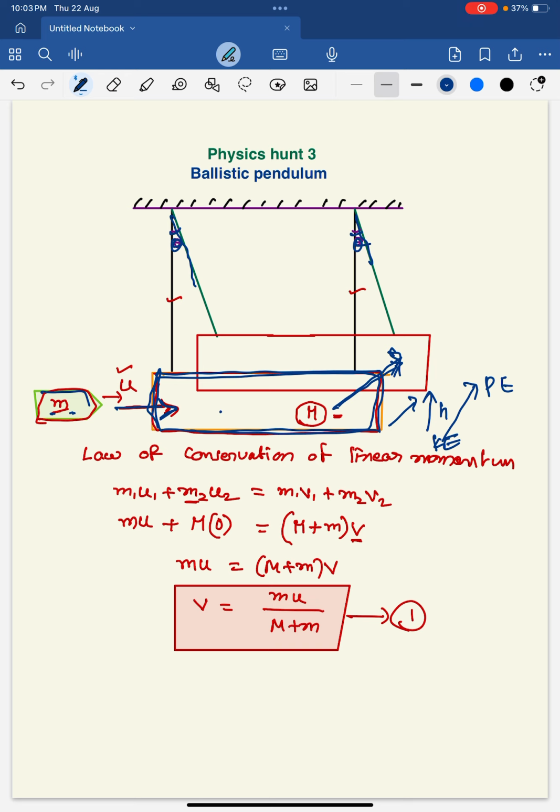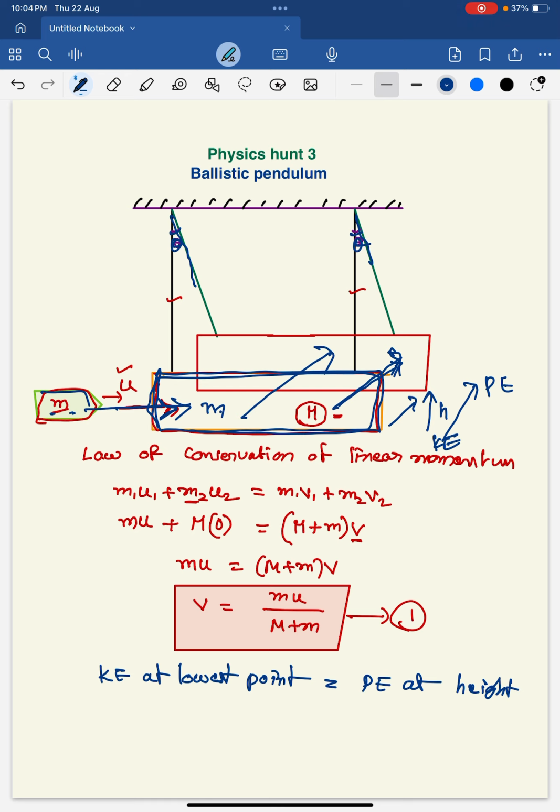I'm going to write here: due to the movement of the wooden block from one place to another, kinetic energy at the lowest point must be equal to potential energy at height. The basic formula of kinetic energy is half mv square. Whenever a bullet enters into the block, the total mass becomes capital M plus small m.